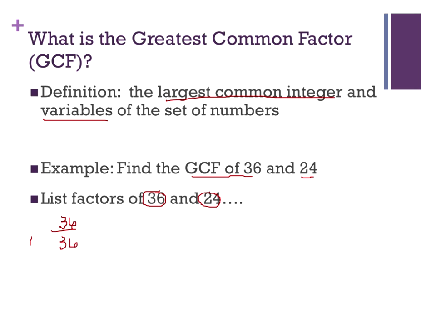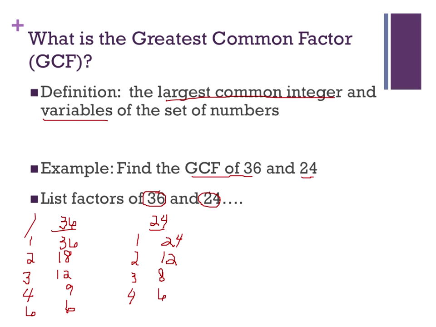So 36 would be 1 times 36, 2 times 18, 3 times 12, 4 times 9, and 6 times 6. Those would be our factors of 36, and similarly we can look at our factors of 24. 1 and 24, 2 and 12, 3 and 8, and 4 and 6.